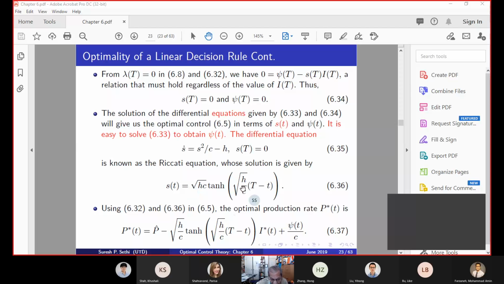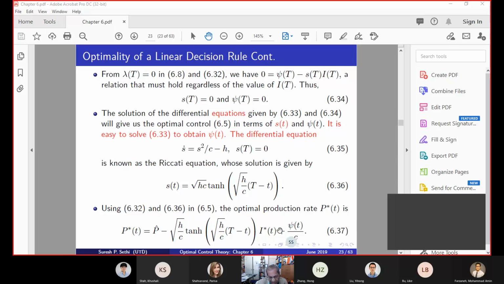Once you have this formula, you can see that P star T is a function that we can compute, just a function of time. That's all there is to it. And here's your inventory at time t. So you can see that P star T is a linear function of inventory. This will be another time function, and this is a constant.